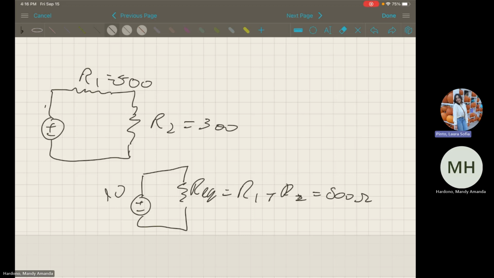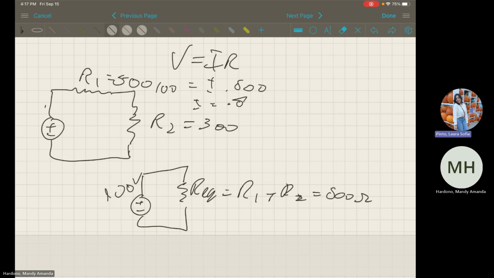Then say you have a voltage source of 100 volts. You can use Ohm's law, V equals IR. 100 volts is I times 800, I being 0.8, if my math is correct. Wait, I'm not sure it's 0.8.